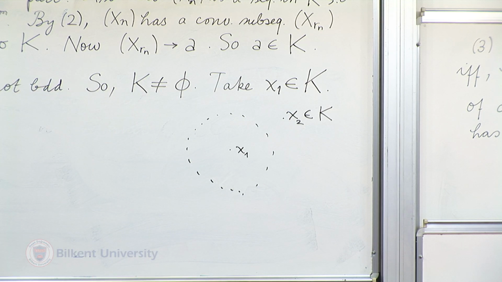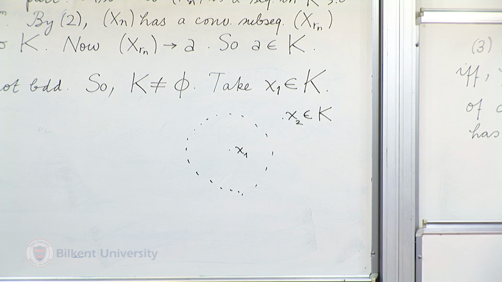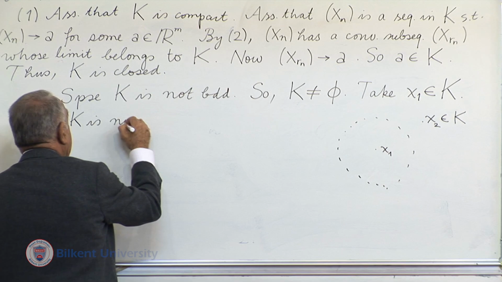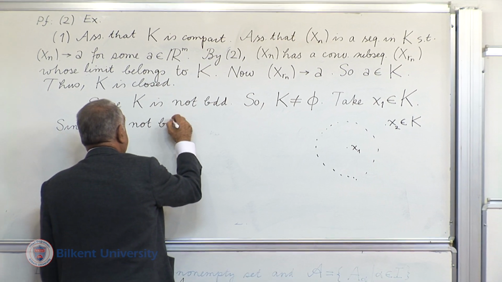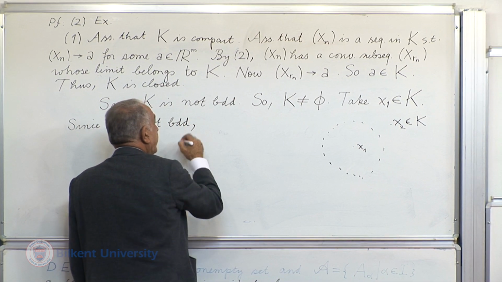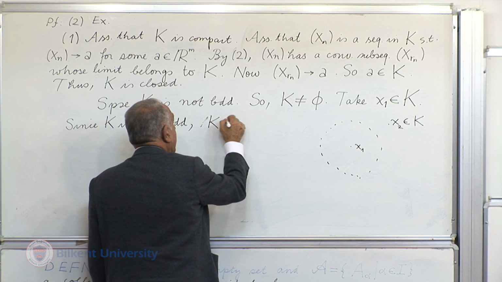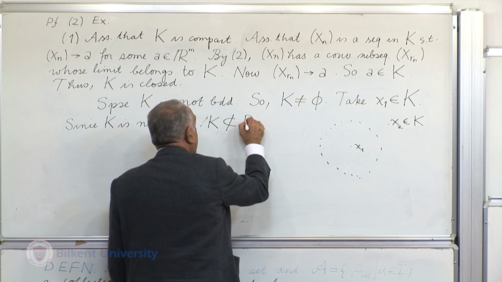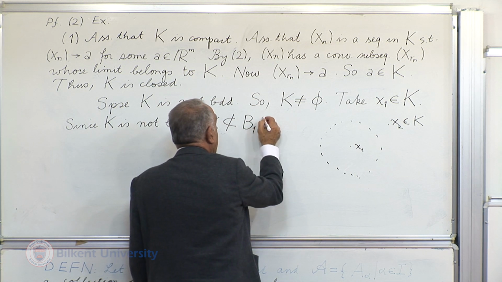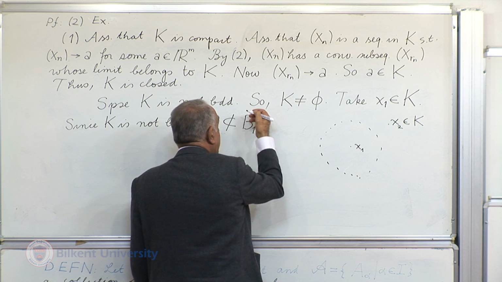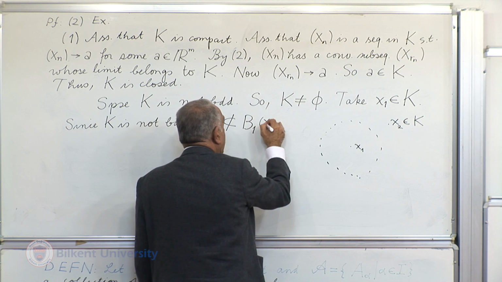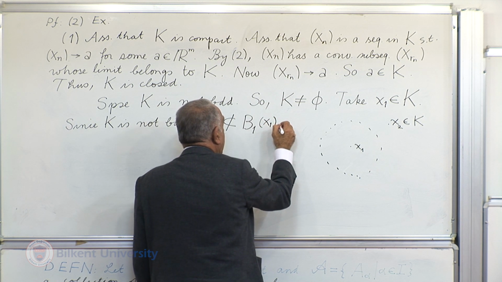Let me first do it. Since K is not bounded, K is not contained in B1 of x1. This is the usual distance. I will not write that here.